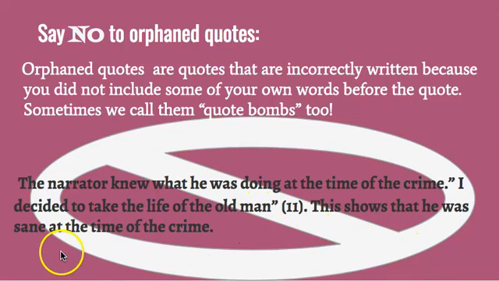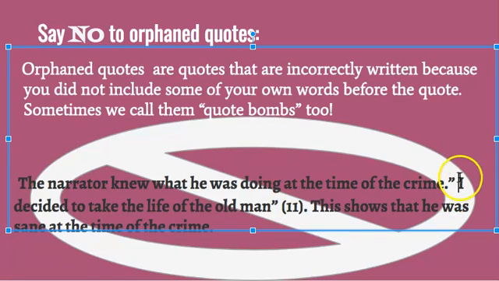This shows that he was sane at the time of the crime. So it doesn't sound terrible, but it would be much stronger if there were words before the quote. You could even blend it, because he said, or he admitted, but something before, so we know who's talking here and why.